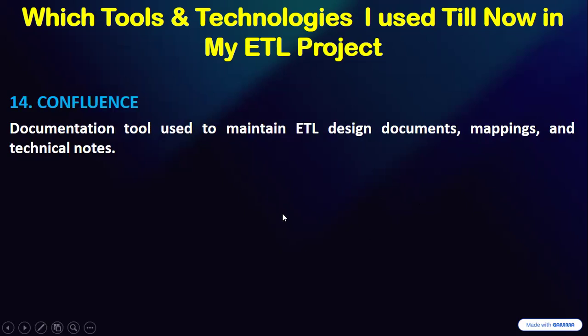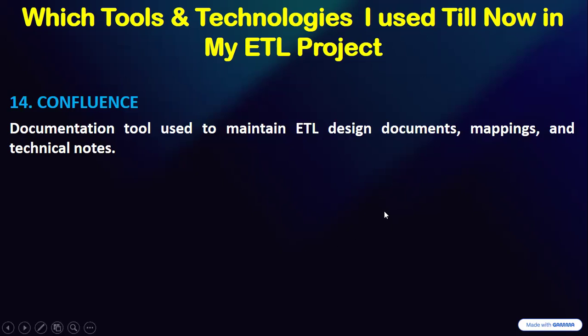Okay. Then there is one more tool that I used for the first time in my previous project, that is the Confluence tool. Confluence is a document management tool, generally used for documentation purposes. It's like Microsoft Word, but this tool is fully deployed on the cloud.